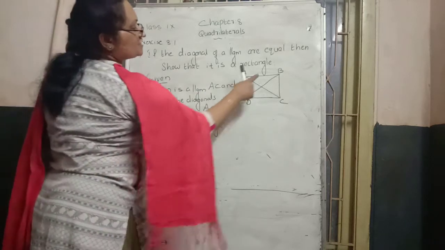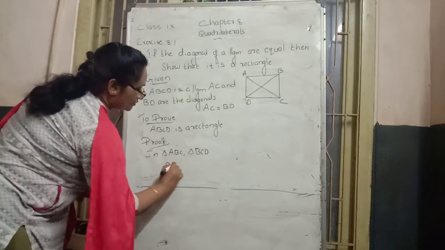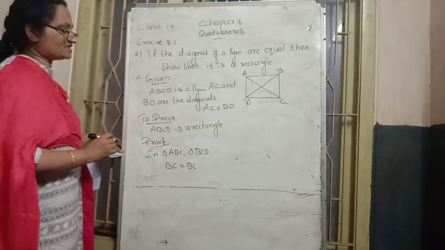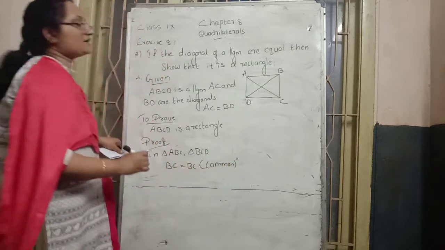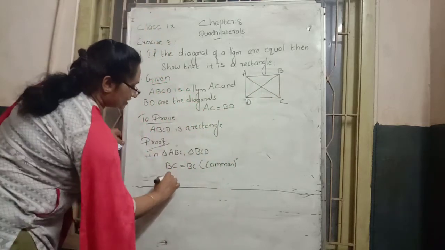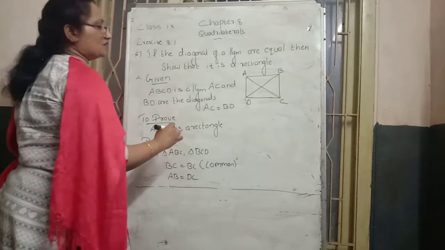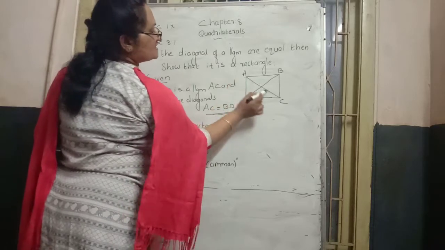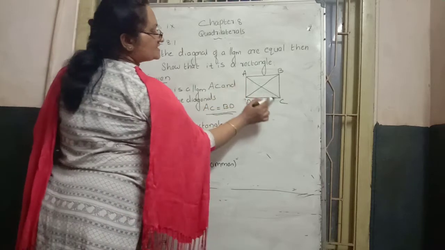Three conditions: in these two triangles, what can we say? Side BC is common to both, since both triangles stand on line BC. So the first condition is completed. Next, we can say AB and DC are equal, since they are opposite sides. Then the third sides of these triangles are actually the diagonals of the quadrilateral, AC and BD.